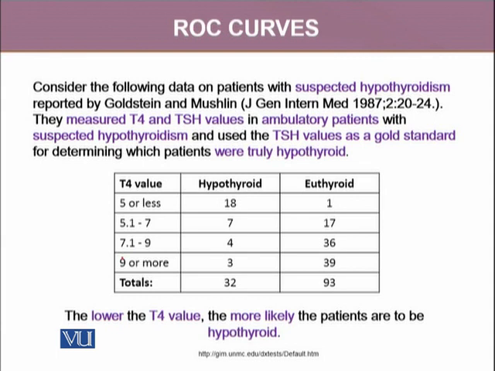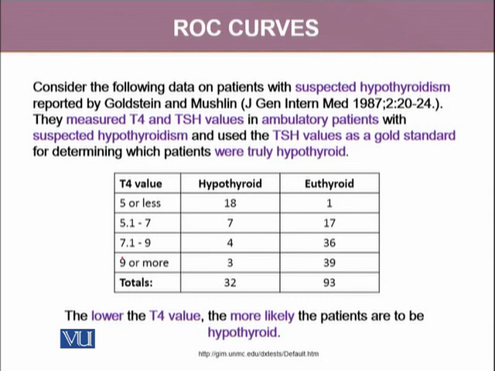The T4 values are given as 5 or less, 5.1 to 7, 7.1 to 9, and 9 or more, whereas the next two columns of this table show the frequencies. There were 18 individuals who were diagnosed as hypothyroid, and their values were in the first class, which is a T4 value of 5 or less.